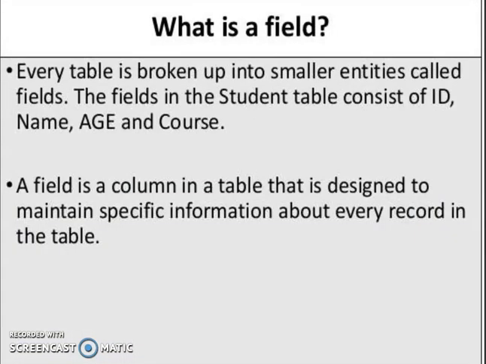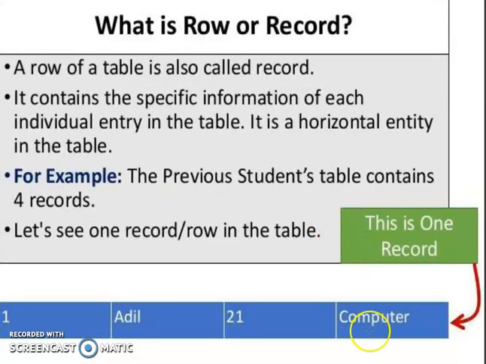Then what is a field? Every table is broken up into smaller entities called fields. A field is a column in the table. So each column, the course and age, name of the student and student ID, each column is a field.